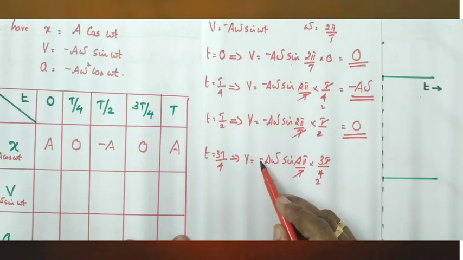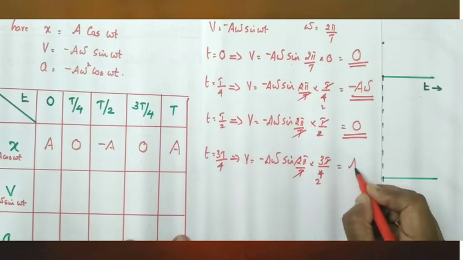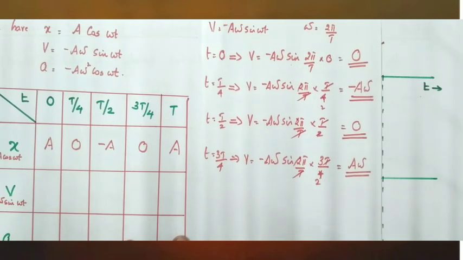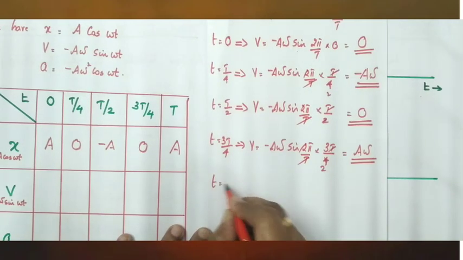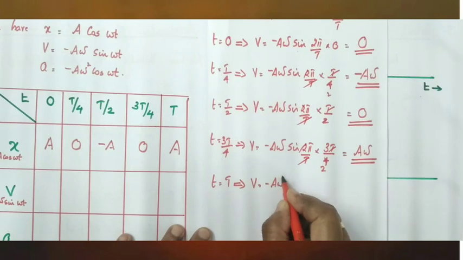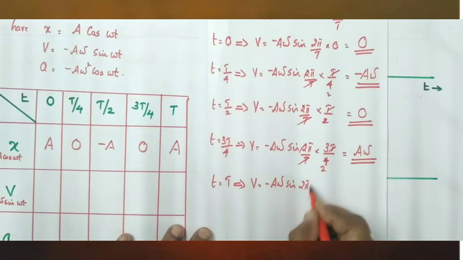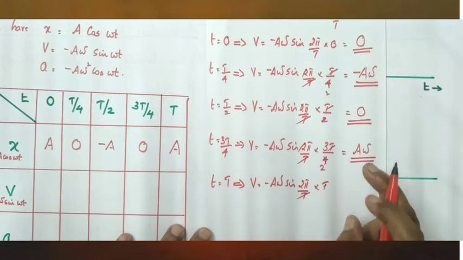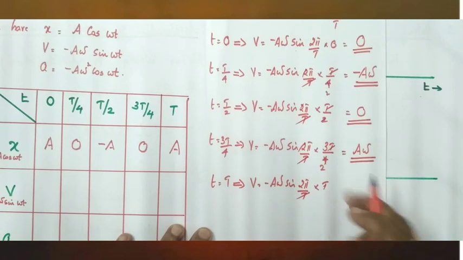That minus and this minus become positive, so the answer is a omega. Now the last one, t becomes T, the time period. So v equals minus a omega sin (2 pi by T into T). T gets cancelled. Sin 2 pi is 0, so here the answer is 0.